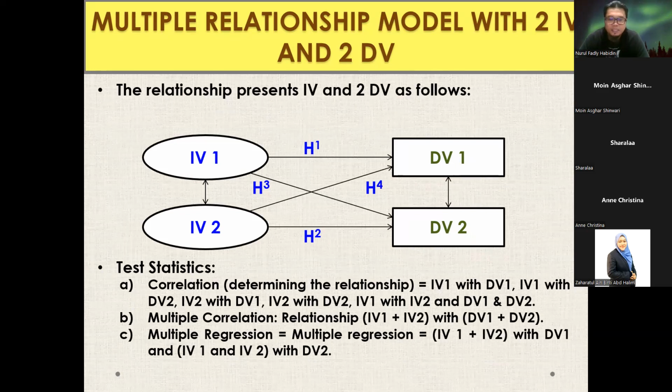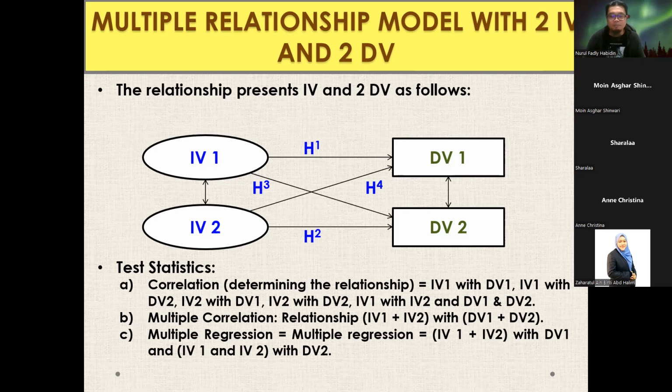So you can study multiple correlation, combining IV1 and IV2 to test DV1. Also, you can combine IV1 and IV2 to test DV2. So you can study multiple regression, IV1 and IV2 with DV1 and IV1 and IV2 with DV2. So you can study the correlation and study the regression. Looks the same?